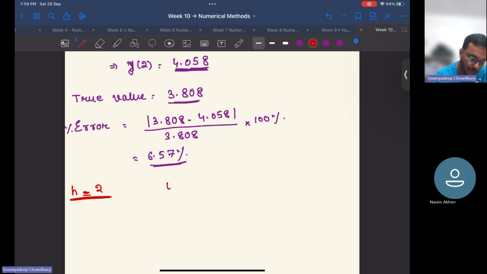So we have to go from 0 to 2, and this is the first value. So this will be in one step only, right?